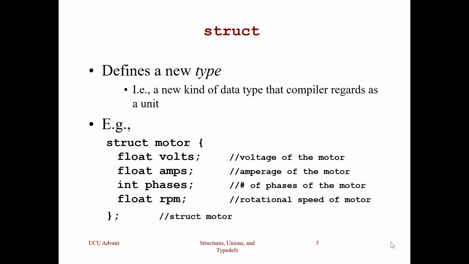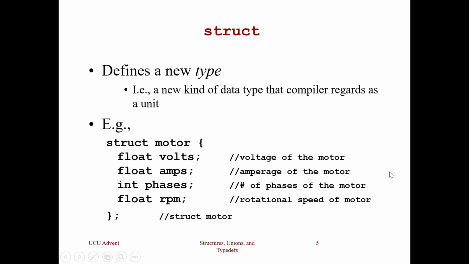For instance, we can have a structure called motor, and then we can have different variables like volts of type float, amperes of type float, phases of type integer, maybe also the rotational speed of the motor, which can also be a float. So literally that can be a structure.